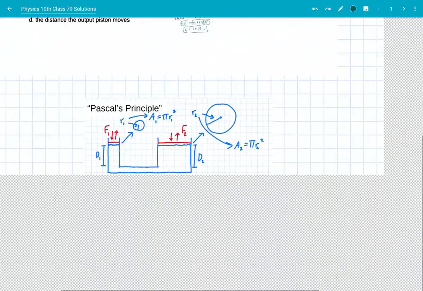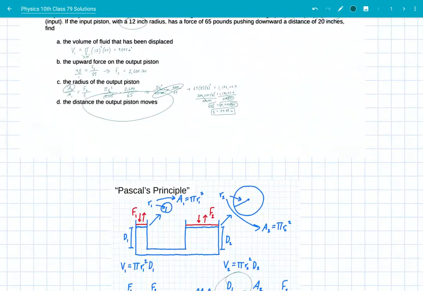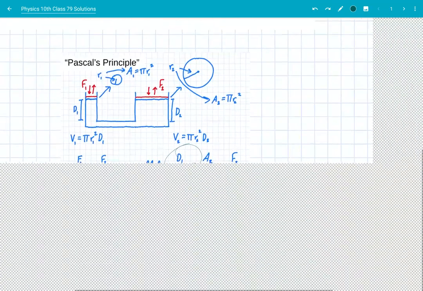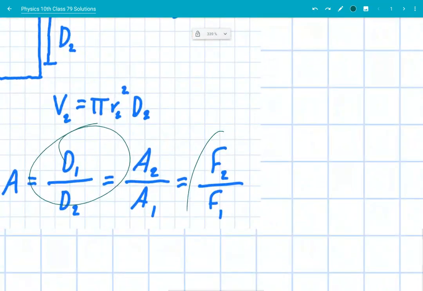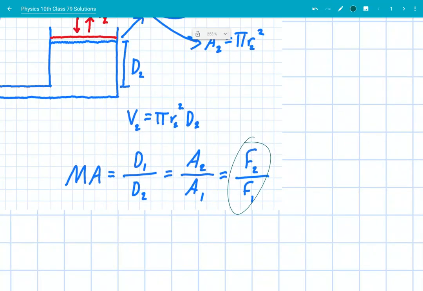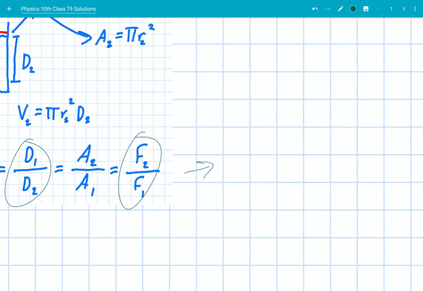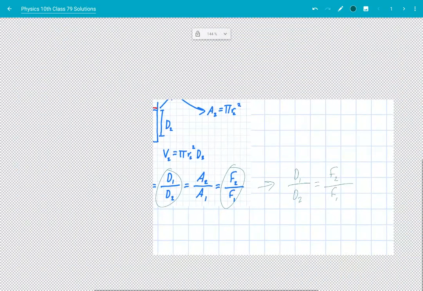Now we need to find the distance the output piston moves. Output is referring to D2. And we already know both these forces, right? So we could say D1 over D2 equals F2 over F1, like that. And with that formula, we can super easily find D2.